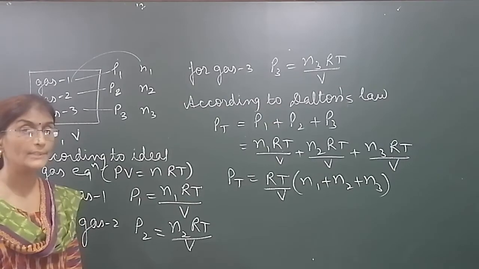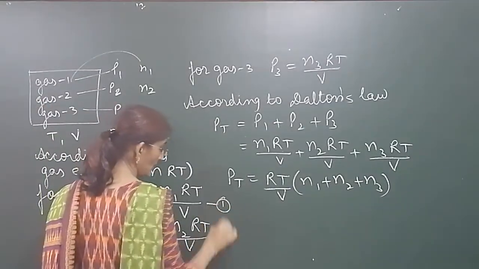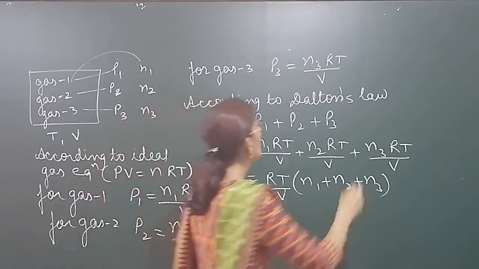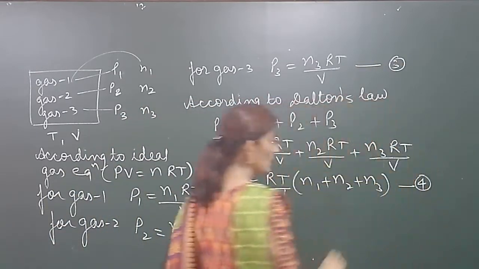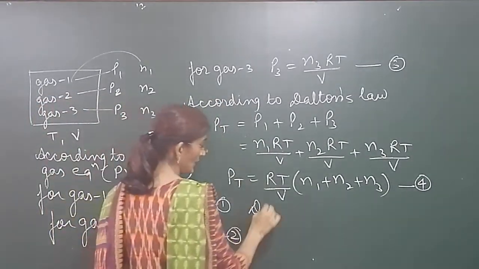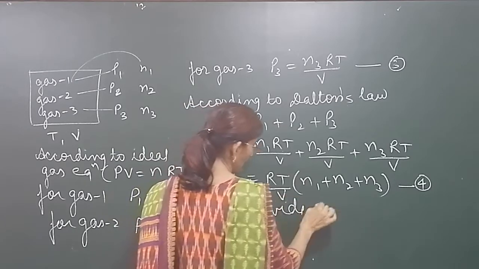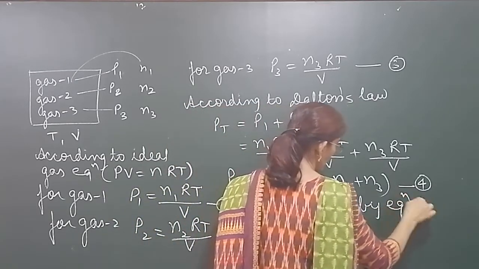Clear? Now, suppose we give the numbers to the equations: 1, 2, this is 3 and this is 4. Now we'll divide equation 1 by equation 4. What will you have?